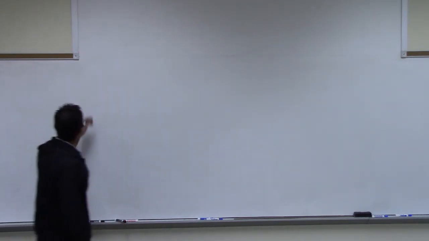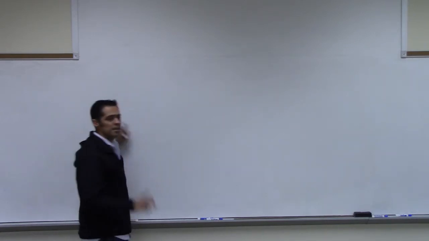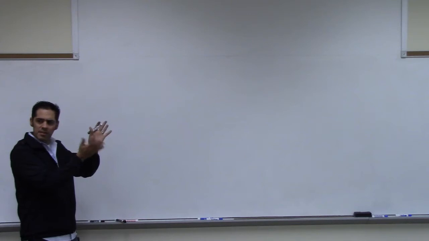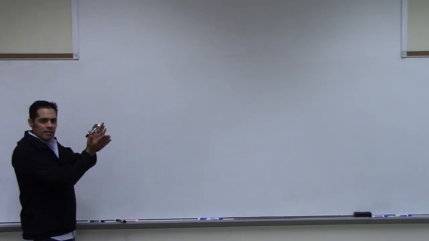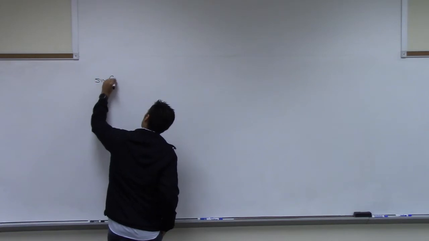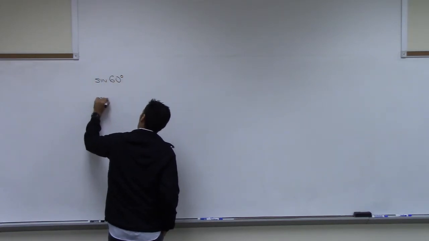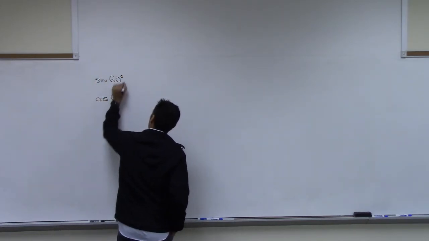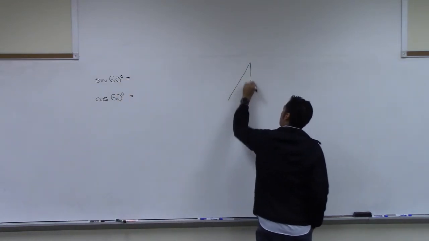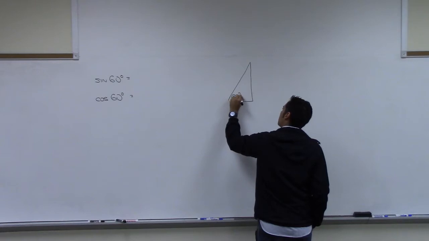All right, let's do 60 degrees. I'm going to skip 45 and go to 60, because 30, then 60, those kind of came together, didn't they? So let's talk about sine of 60 degrees and cosine of 60 degrees. So I'm going to give these to you, all right? And that triangle looks a little different. Looks like this, 60 degrees.